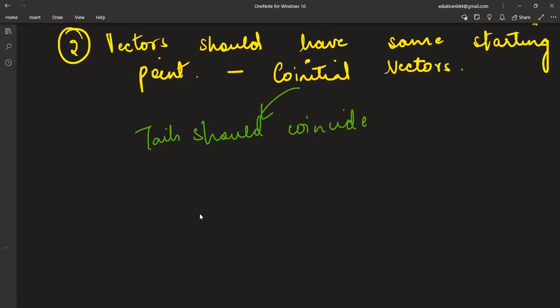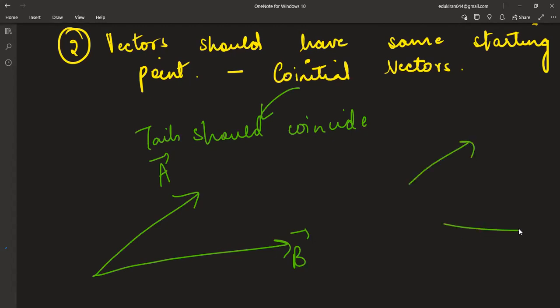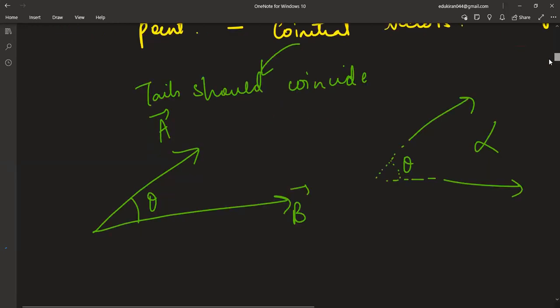This is one vector, let's say A. Two vectors can have a certain separation, and when you extend them, they can also form an angle, but this is not applicable because their tails are not coinciding, so they are not co-initial vectors. This case with the angle between them, A vector and B vector, is what is meant by co-initial vectors.